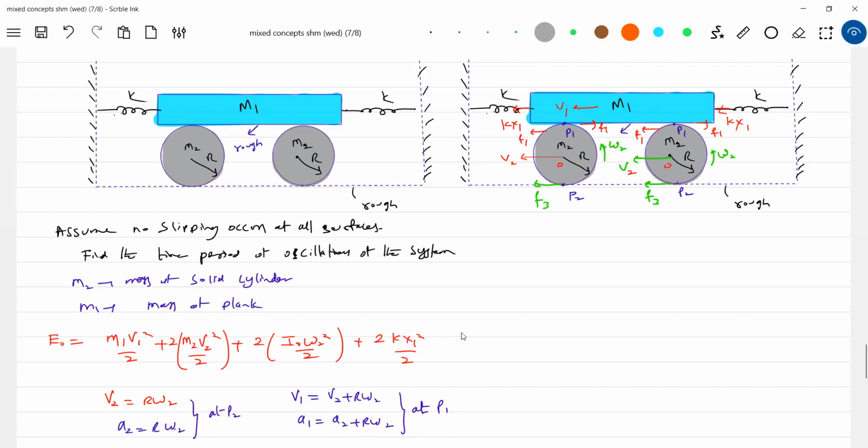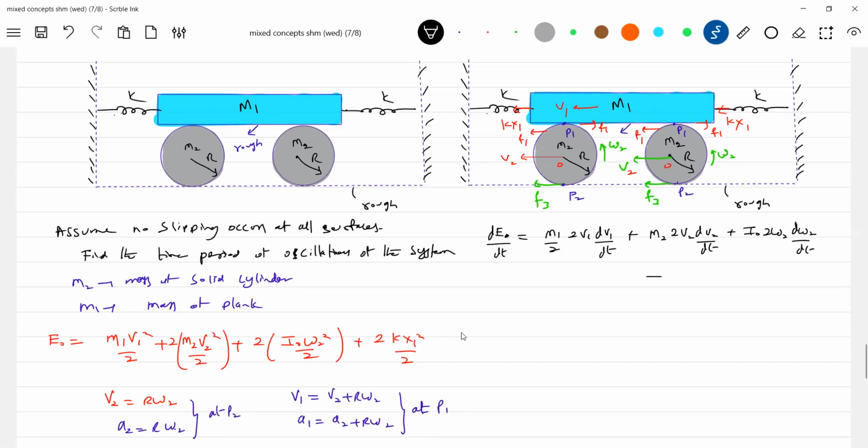Let's differentiate this. dE naught by dt should be m1 by 2 times 2 v1 dv1 by dt, plus the 2 gets eliminated, so 2 m2 v2 dv2 by dt, plus 2 I naught omega 2 d omega 2 by dt, plus k 2 x1 dx1 by dt. What is dx1 by dt? V1 should be equal to dx1 by dt.